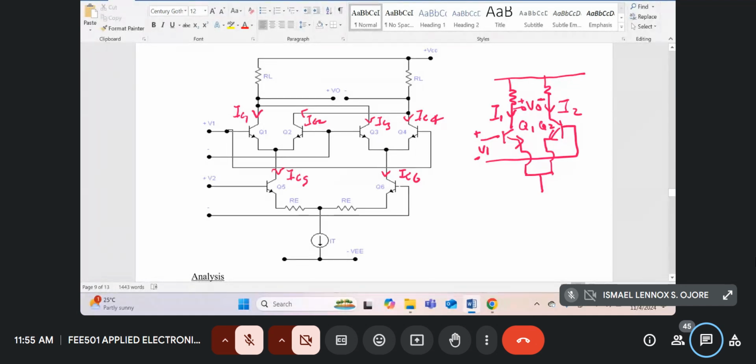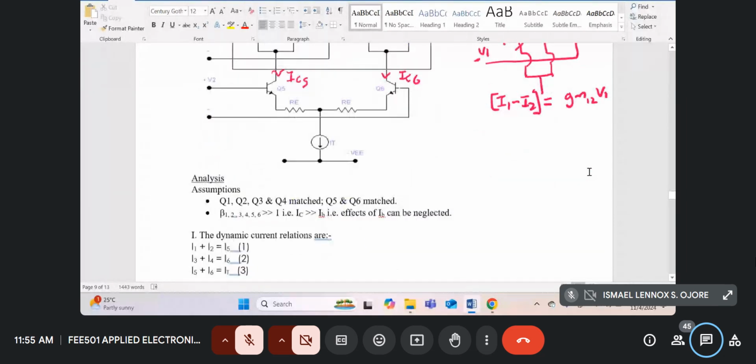So we got this expression for this circuit, I1 minus I2 equal to GM12 into V1. Let's just check that it's correct.